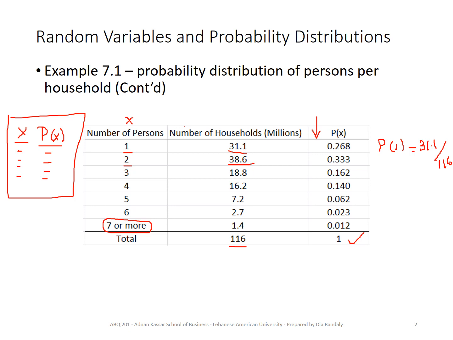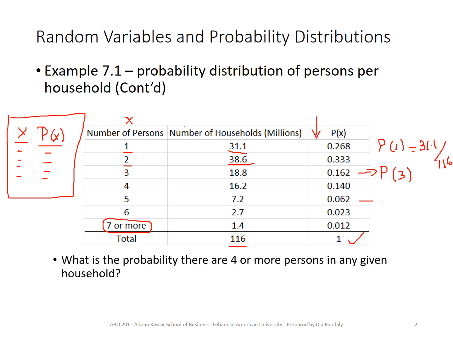A final note here before we move on and answer some questions, just to be familiar with some notation. What's that 0.162? This is P of 3, because this is the probability that X is equal to 3. 0.14 is P of 4. This is 0.5, etc. So what's the question here?